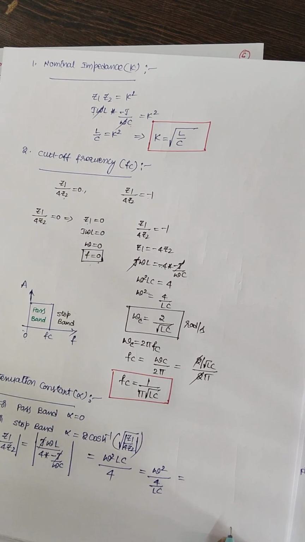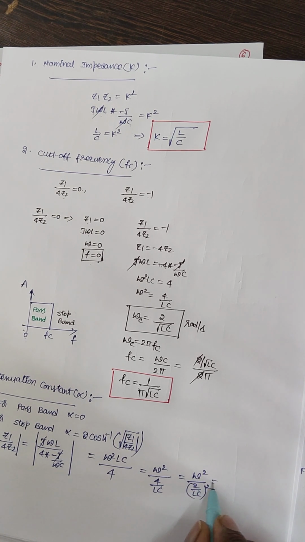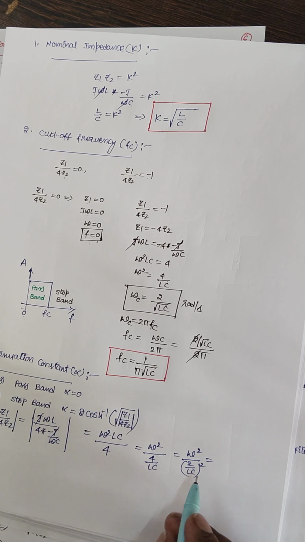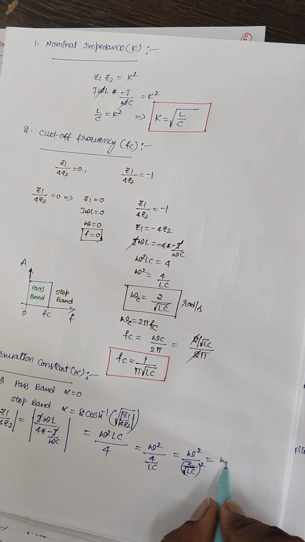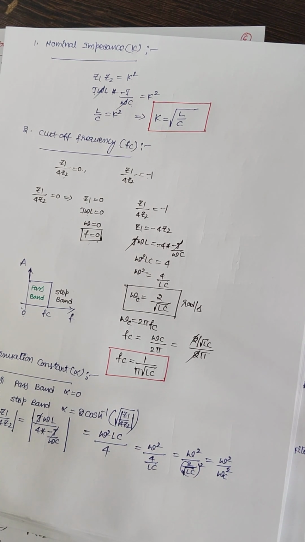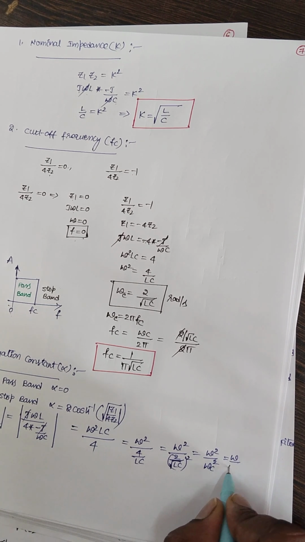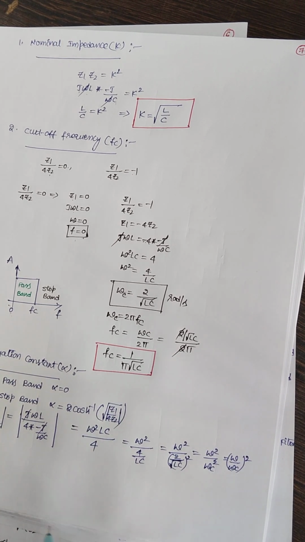So it is omega square divided by 4 by LC, which is omega divided by 2 divided by root LC, whole square. And 2 divided by root LC is nothing but omega C, the cutoff frequency. So it is omega divided by omega C whole square.